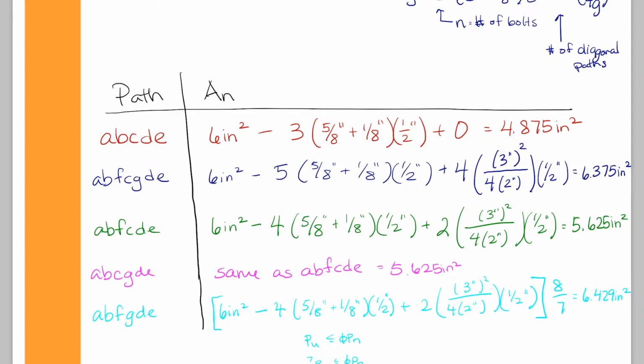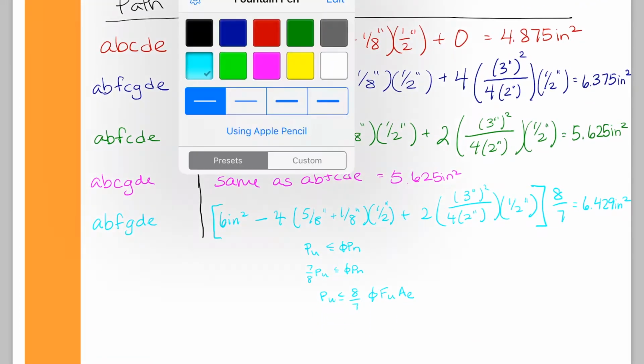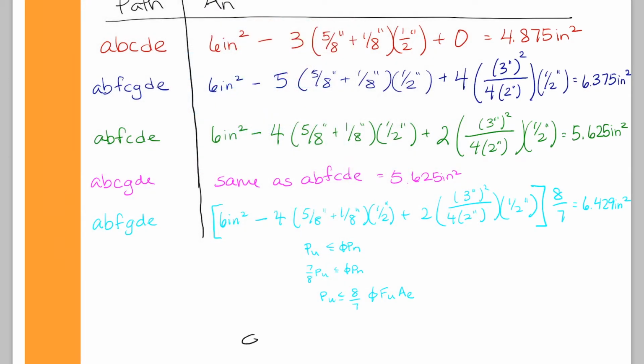Again, I could keep guessing paths, but I think these are the ones that I would first take a look at, and I think it's then most likely that A, B, C, D, E is going to be our controlling path. So we can then finish our fracture calculation. Phi Pn is now 0.75, our phi factor, times F sub u we said was 58 ksi, times A sub E, and then A sub E is our net area.